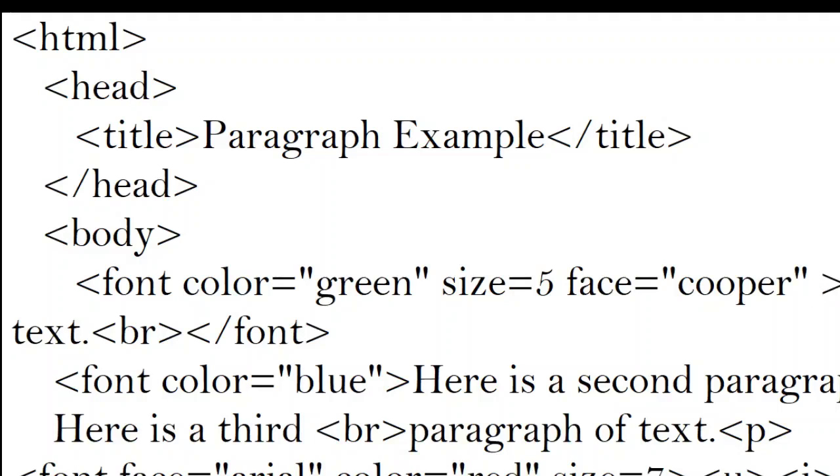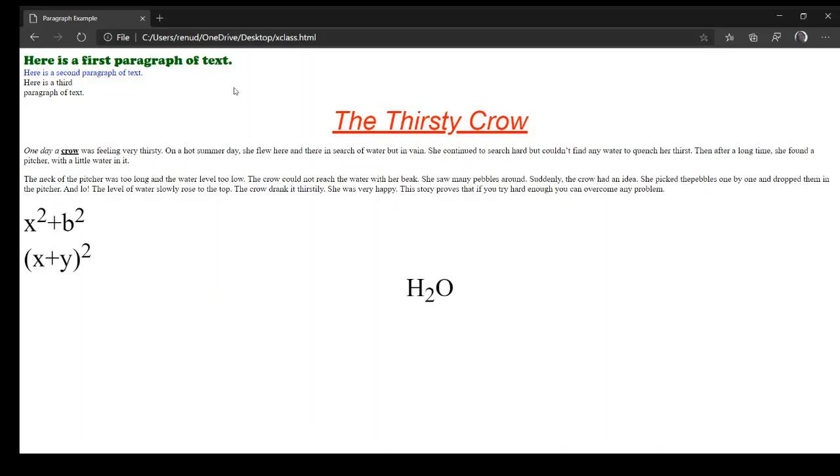So again save your source code here, minimize it, and again open your web browser and refresh it. And when you refresh you can see the changes. This is your Copper and this is your simple Arial face here.